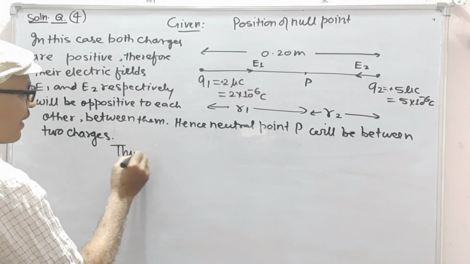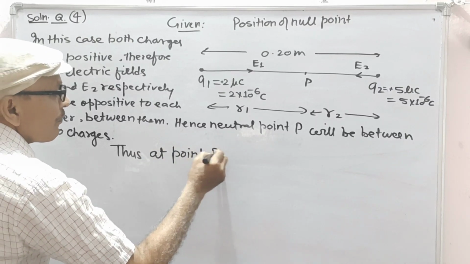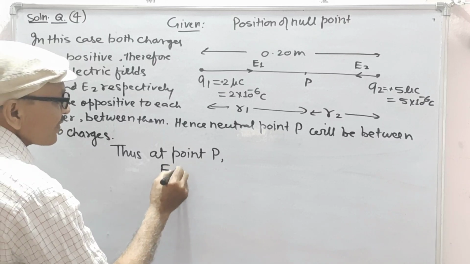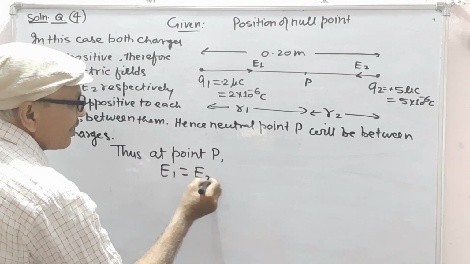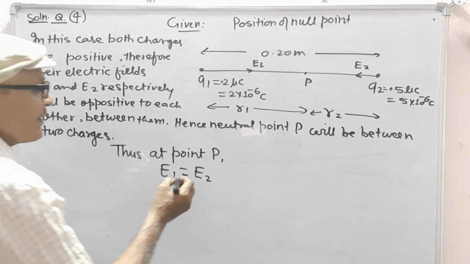Thus, at point P, E1 must be equal to E2 in order to cancel each other.